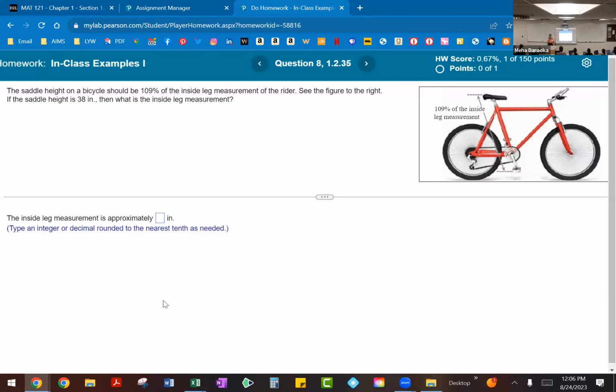So take a minute, think about this. Saddle height should be 109% of the inside leg measurement.